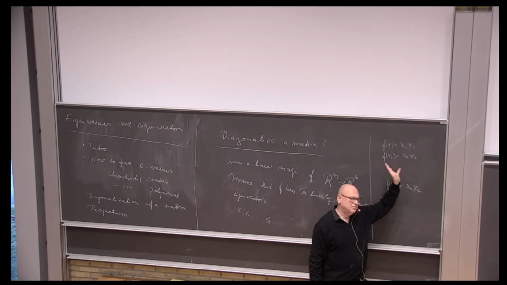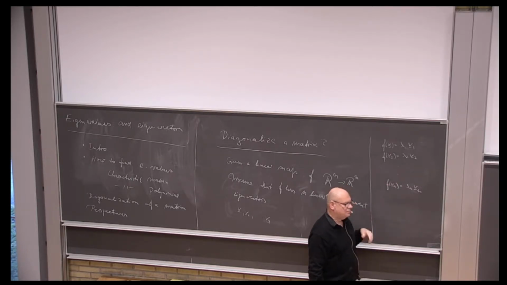We saw an example with a 3 by 3 matrix where the algebraic multiplicity of lambda1 equal to 1 was 2. But luckily, the geometric multiplicity was also 2.